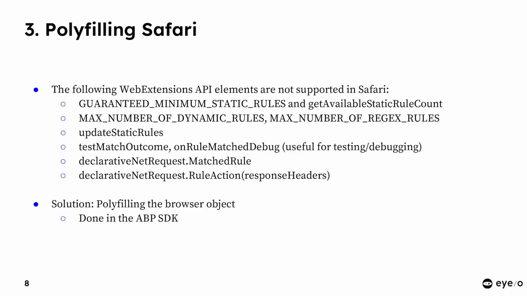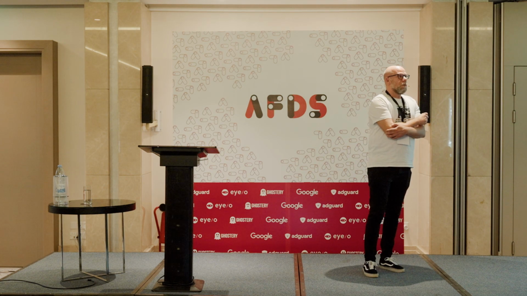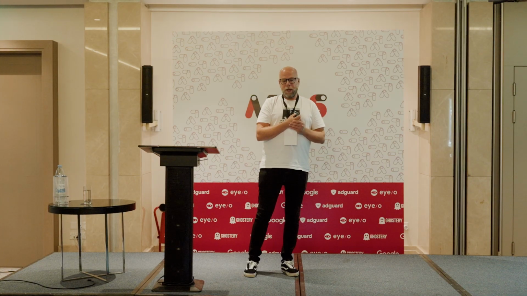There was actually a bit more. So what we did was, okay, we take the browser object in Safari and we implement it ourselves. So with all these things in mind, we were able to start working on version 3 of the app.